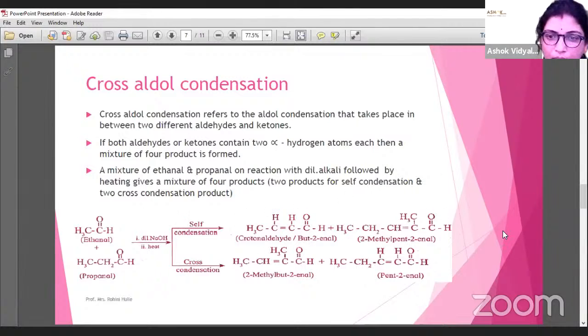These 2 products, crotonaldehyde and 2-methyl pent-2-enal, are for self condensation, and these 2, 2-methyl but-2-enal and pent-2-enal, are the cross condensation products. These are the 4 products formed in the cross aldol condensation, self condensation and cross condensation.